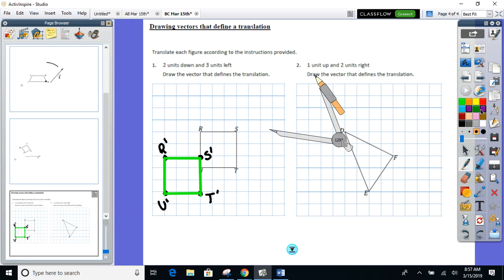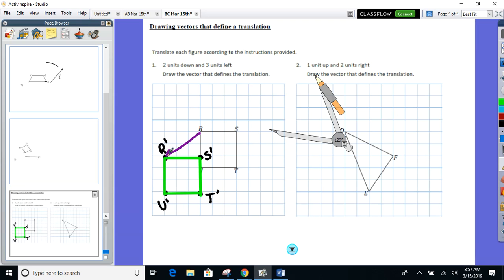Now that you have it moved, draw the vector that defines this. So you need a vector that shows that you went 3 left, 2 down. Yesterday we talked, the easiest way to draw that vector is from what? Pre-image to image. So pick a pre-image to an image, draw that vector in.